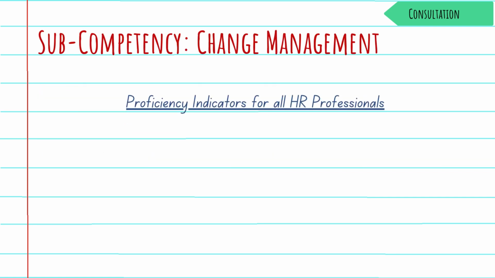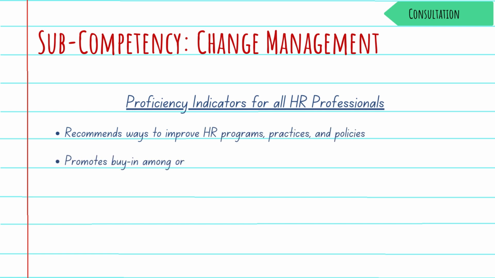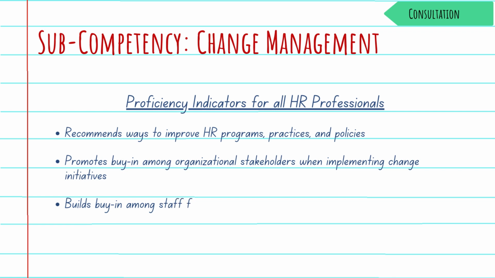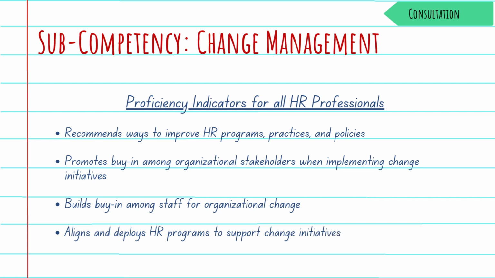Proficiency indicators for all employees include recommending ways to improve HR programs, practices, and policies, promoting buy-in among organizational stakeholders when implementing change initiatives, building buy-in among staff for organizational change, and aligning and deploying HR programs to support change initiatives.